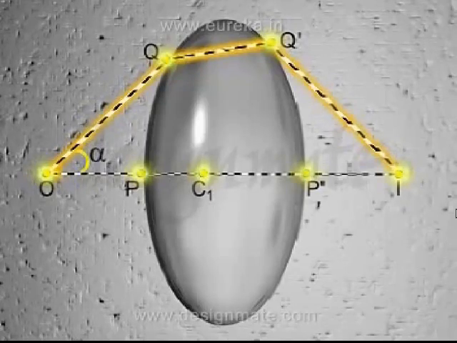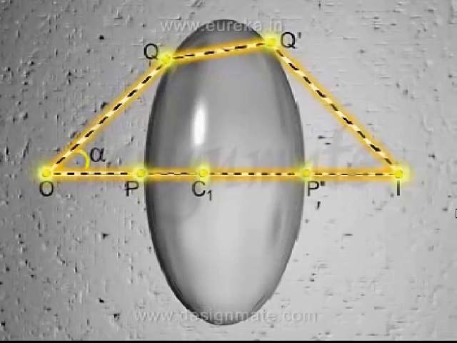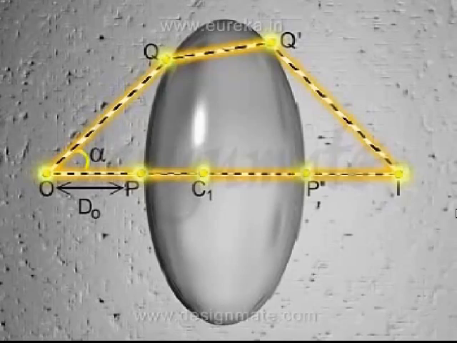Another ray of light from O moving along the principal axis is incident at right angle to both the surfaces. Hence, without suffering any deviation, it meets the ray Q'I and forms the image of O at point I. Object distance OP is equal to DO.